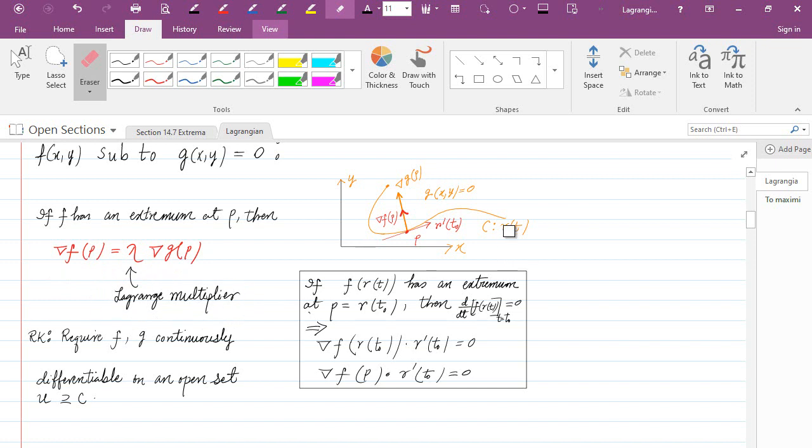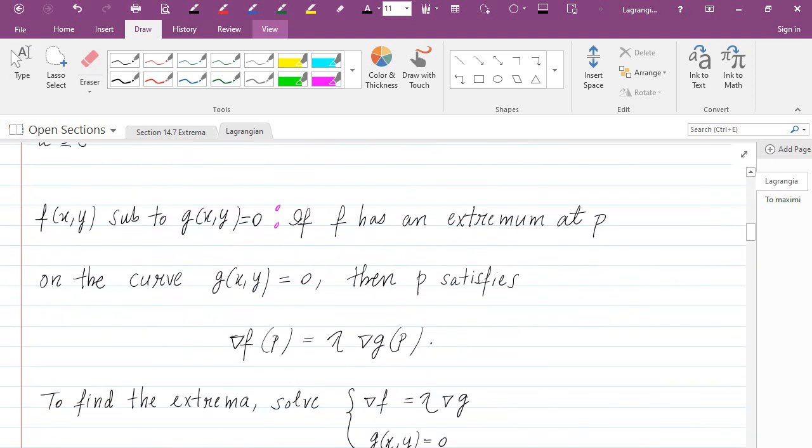Now, in my discussion here, the only assumptions that we require is that f and g are continuously differentiable in an open set containing the curve C. So let me recap what we have just said.